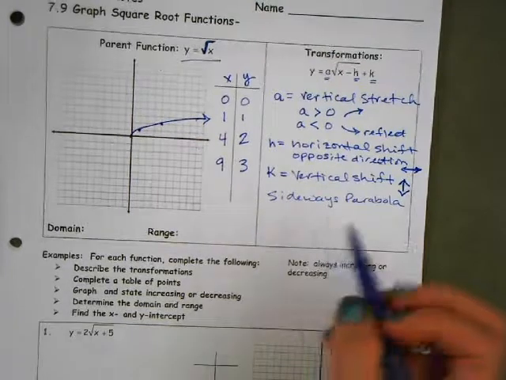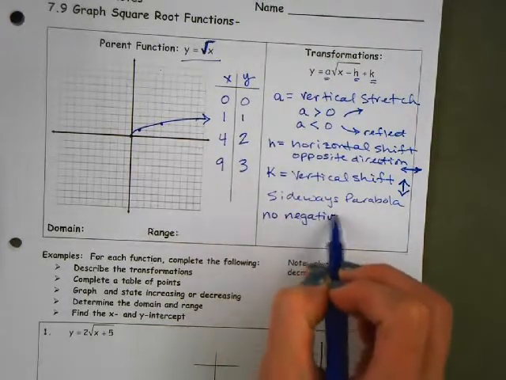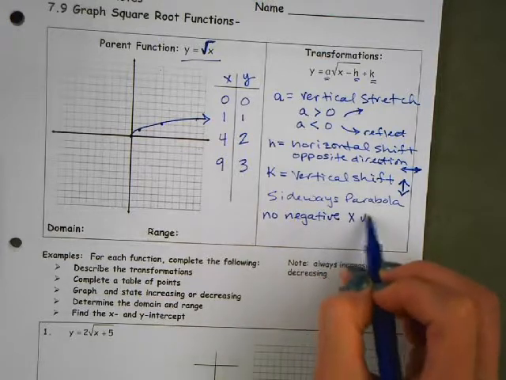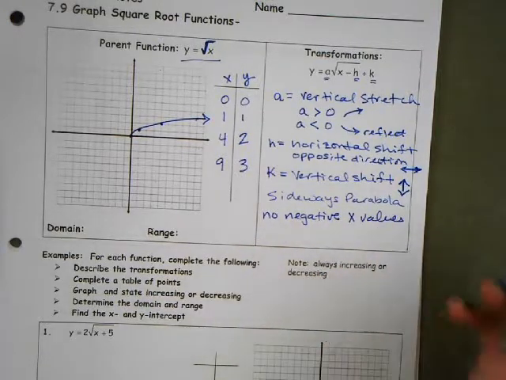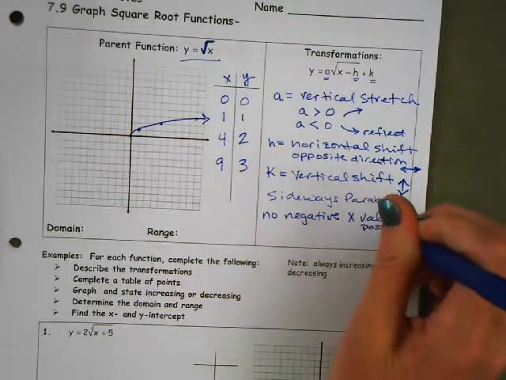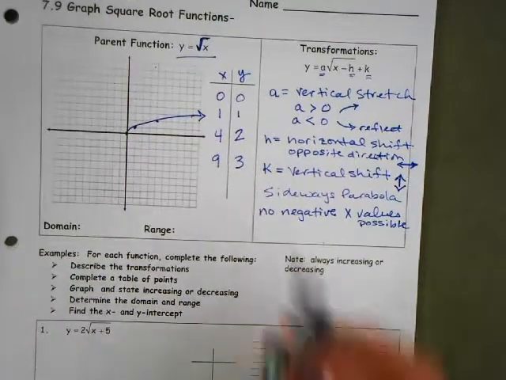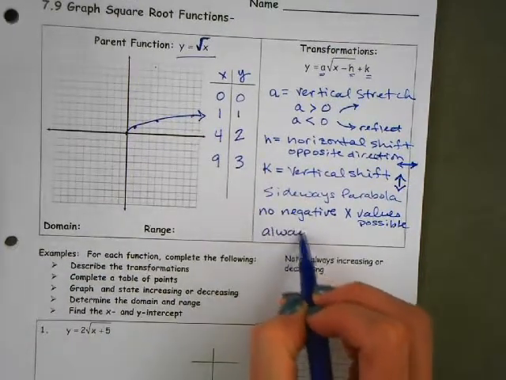Okay? You'll have no negative x values because you're taking the square root. Okay? So you won't be having that. You won't have any of that. Okay? It's always increasing.